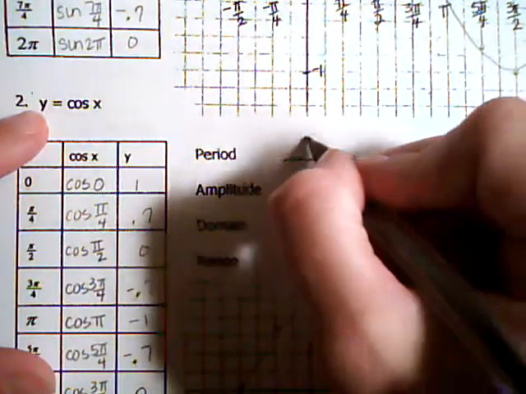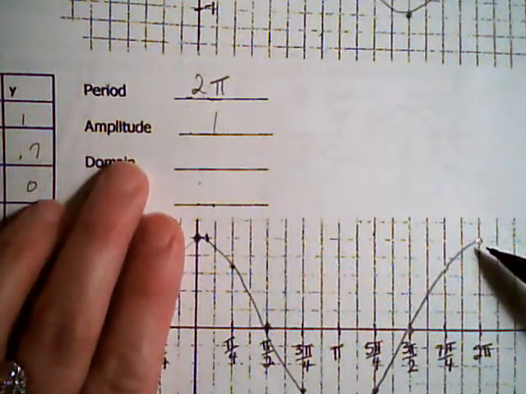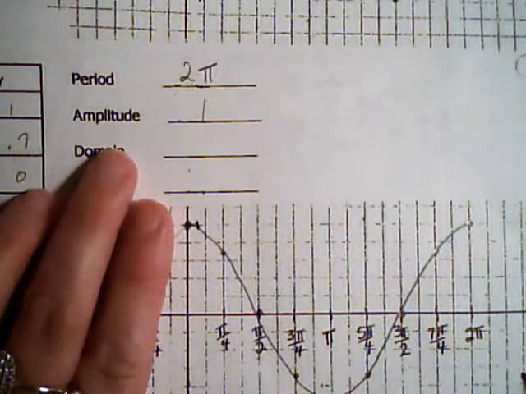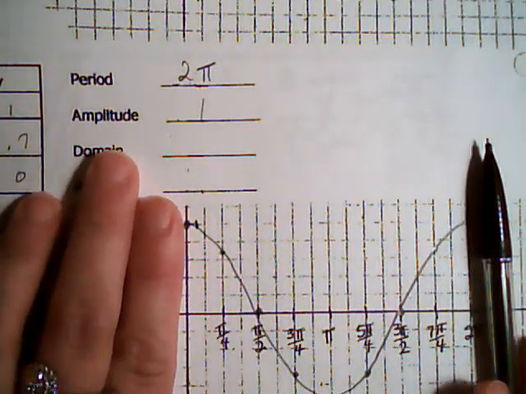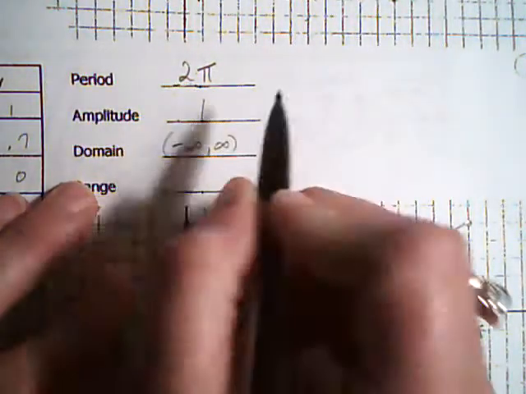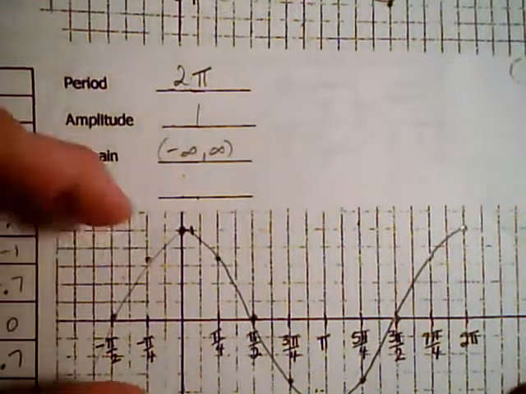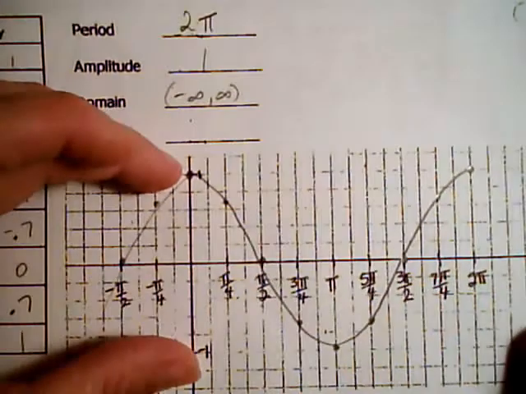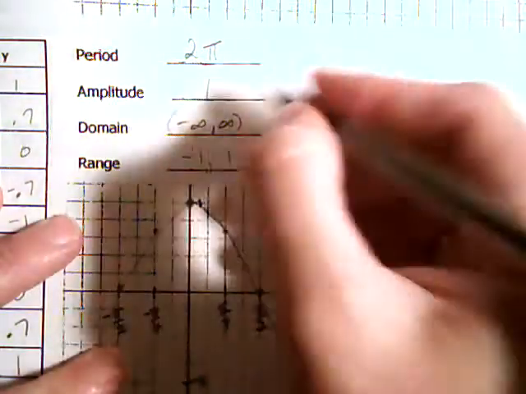Period is still 2 pi, because if we continued past 2 pi here, we would have a repetition, so this would be one period of our cosine wave. The domain, negative infinity to positive infinity, just like the sine, and range, my y values are still staying between negative 1 and positive 1.